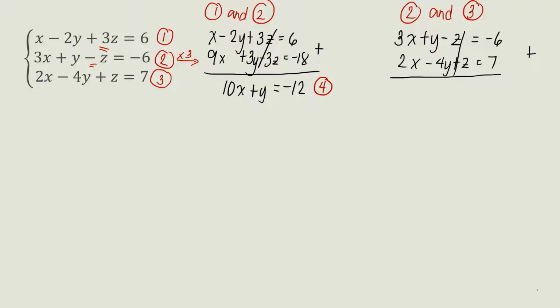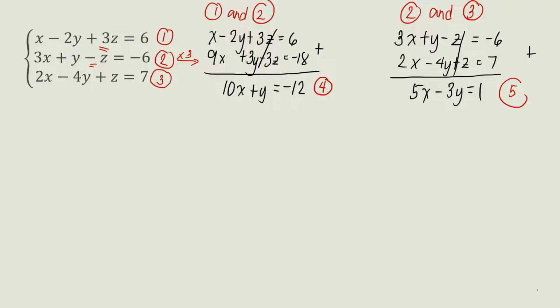So now we're left with the other variables. Perform addition vertically. You have 3x plus 2x, that is 5x. y plus -4y is -3y. Then next, -6 plus 7 is 1. Okay, so we have here our fifth equation. Okay, next.